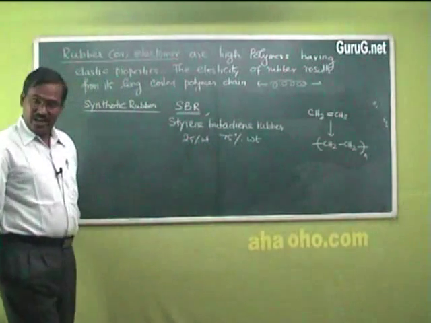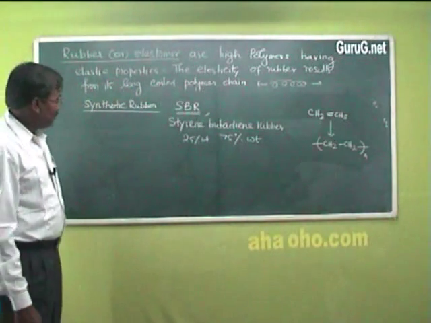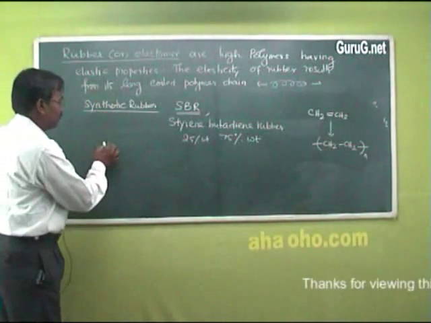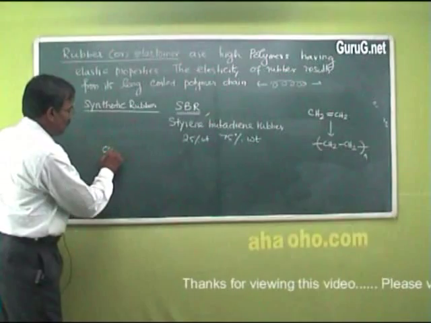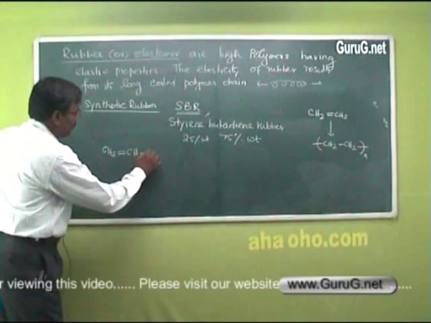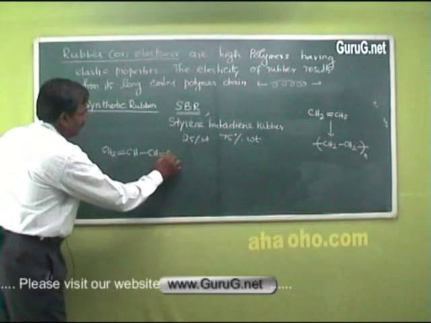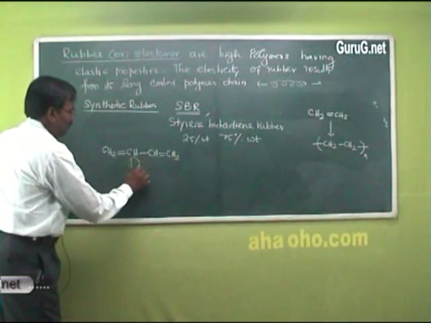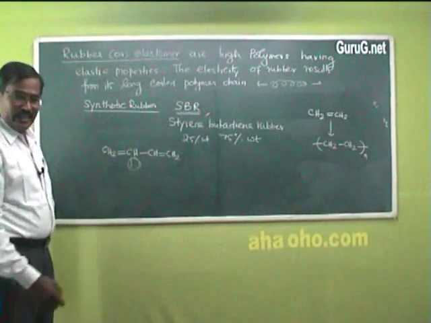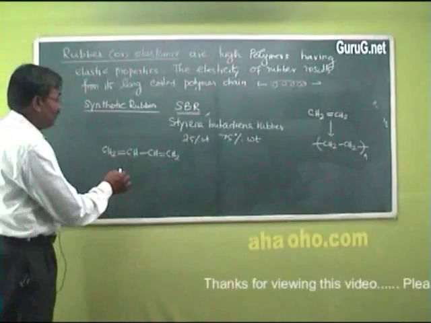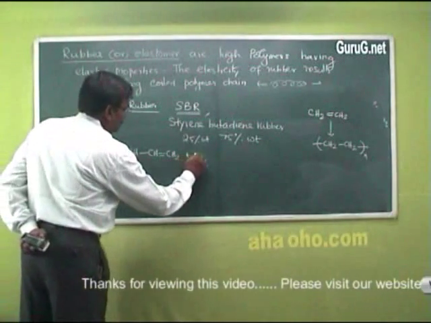This mixture is taken and copolymerized, and we get styrene butadiene rubber. The butadiene structure we have already seen is similar to isoprene. Only one thing, there is no methyl substituent. Here we had methyl in the earlier case; here there is no methyl. This is butadiene plus styrene.